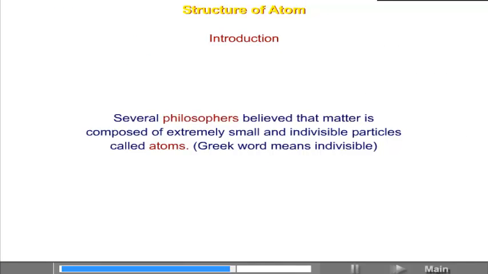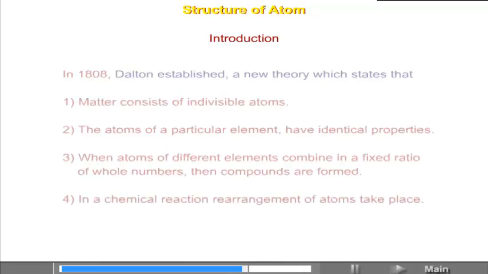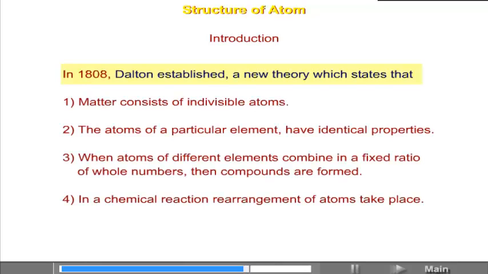Introduction. Several philosophers believed that matter is composed of extremely small and indivisible particles called atoms. Greek word means indivisible. In 1808, Dalton established a new theory which states that first one, matter consists of indivisible atoms.